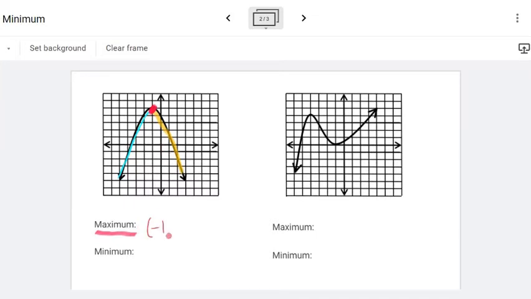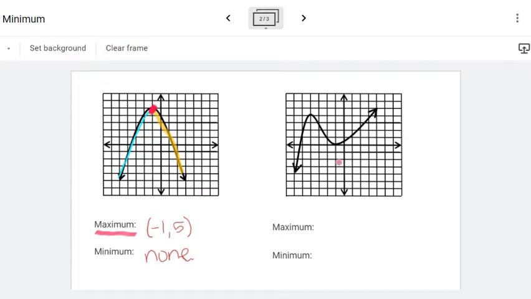That's the point (-1, 5). Now it does decrease, but I never see a change back to increasing. So for minimum, there actually is none. There can be no maximum or no minimum depending on what the graph looks like.